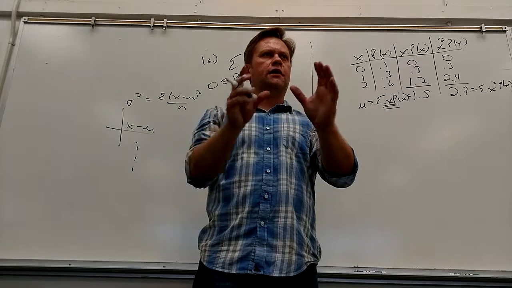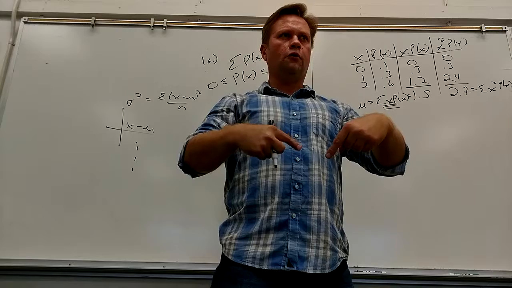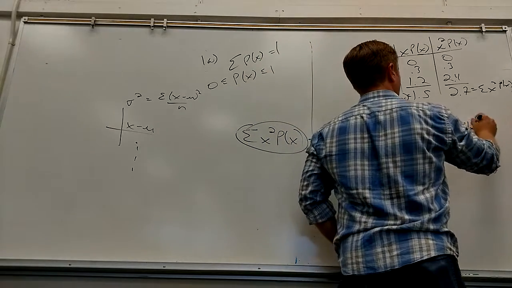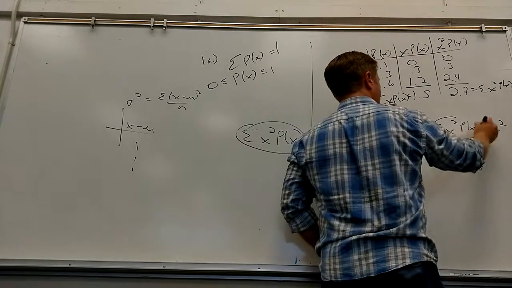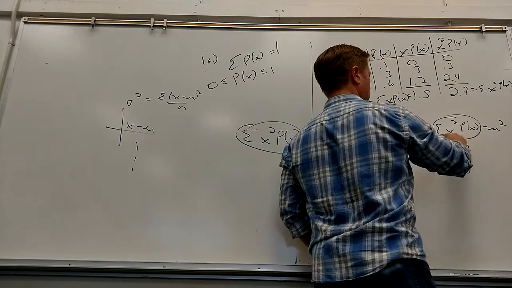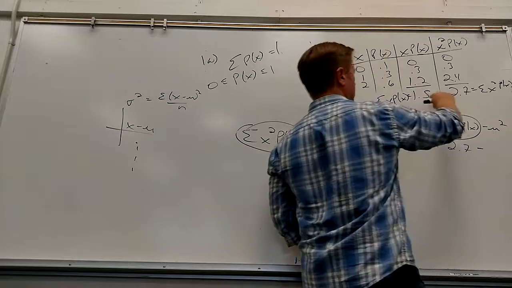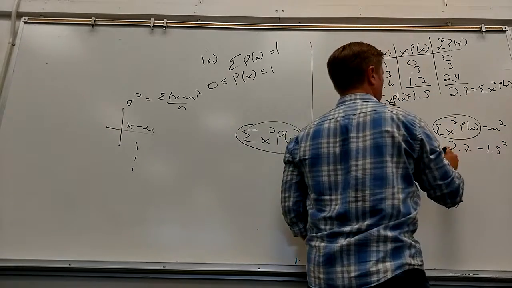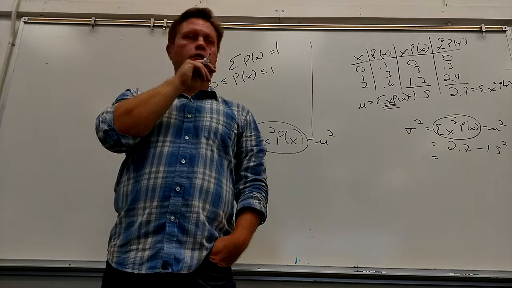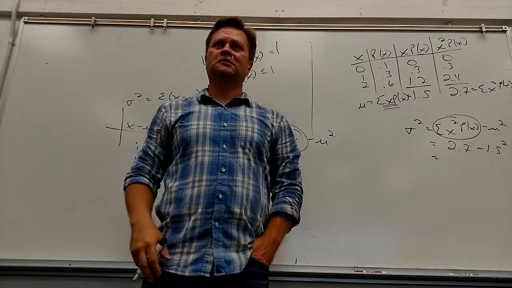You can always take a second and identify what you just did, so you do the right next thing with it. So then the formula says this thing minus the mean squared. So that thing is 2.7. The sum of these is 2.7. Minus the 1.5 squared. Who's going to help me? Okay.